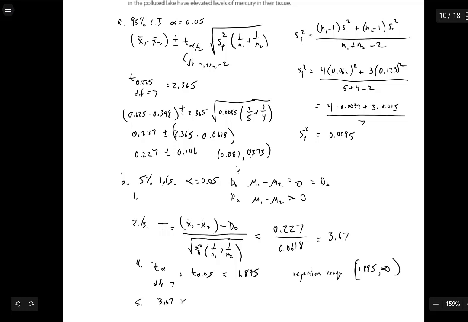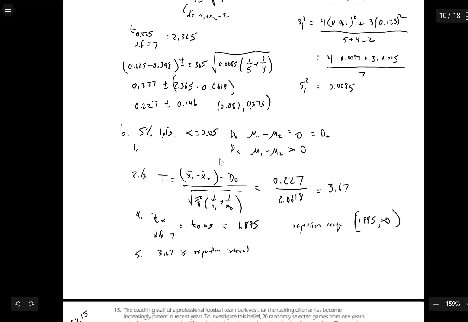So we have enough data at the 5% level of significance. So yes, fish in the polluted lake have elevated levels of mercury according to our data at a 5% level of significance test. There we go, number 13.